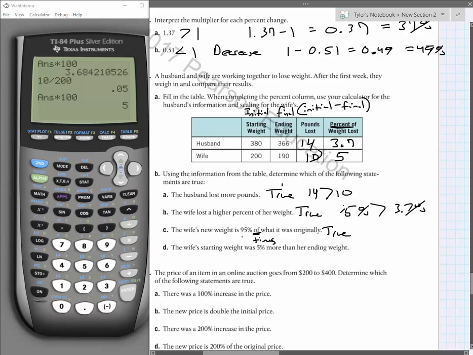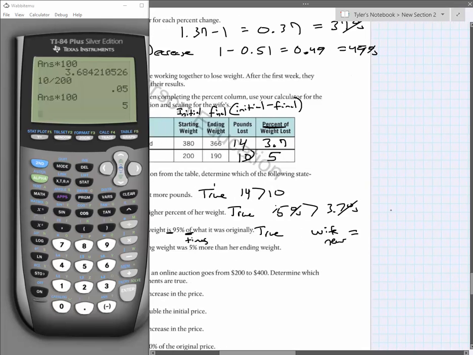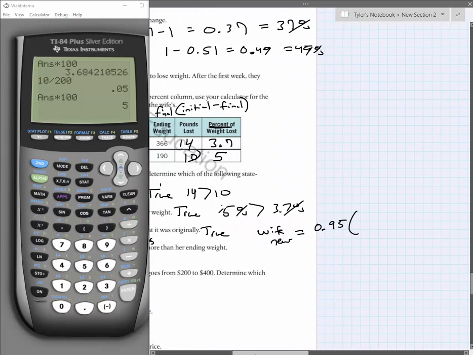So in other words, what they're saying is the wife's new weight equals 95% of, so 0.95, times the original, the starting weight.